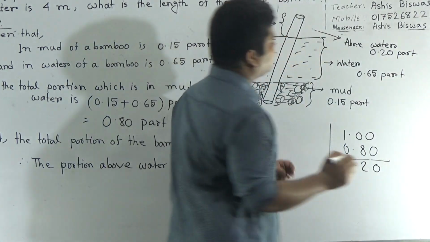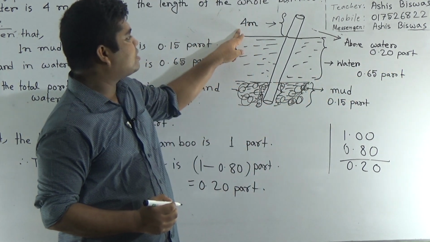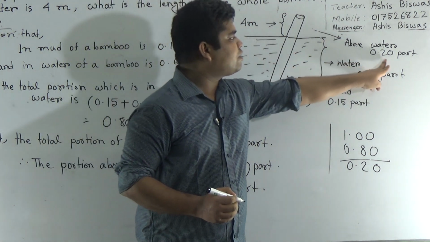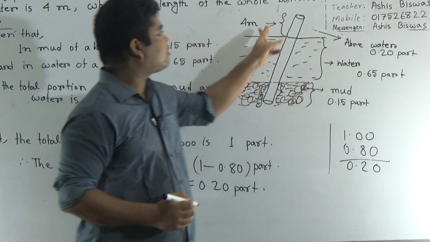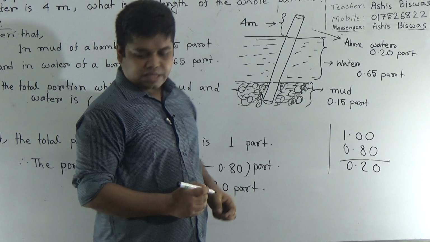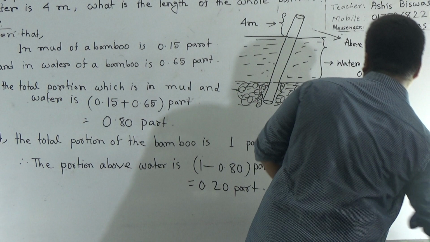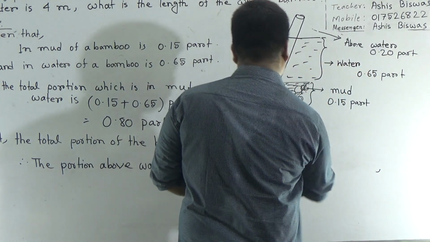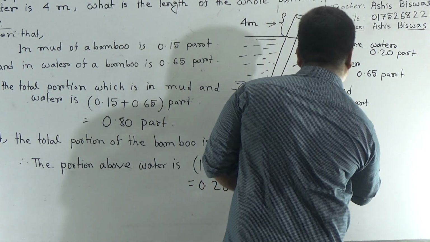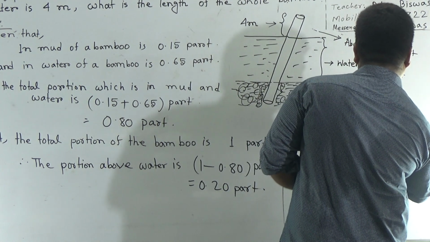My dear students, notice this 0.20 part and this 4 meter are the same. I repeat, this 0.20 part which is above water and the length of the bamboo which is above water is 4 meter. So both are the same. So from this figure we can write 0.20 part equal to 4 meter.